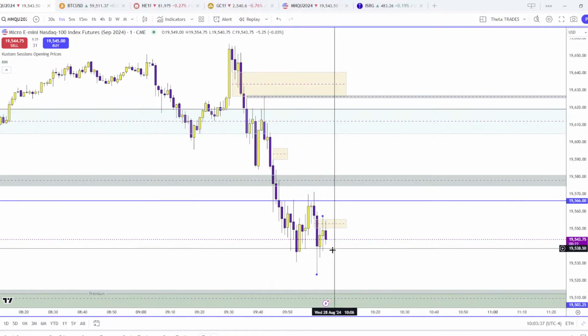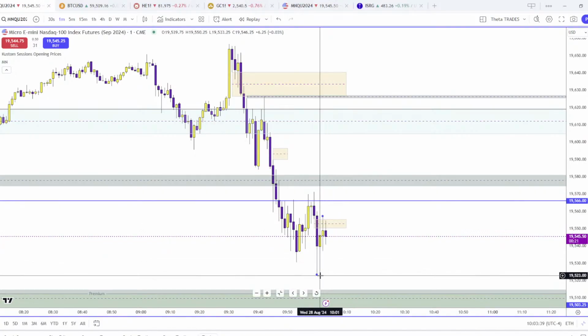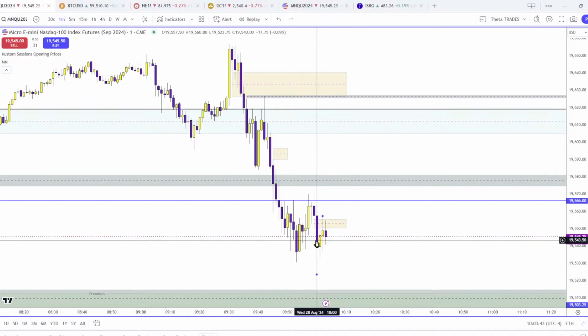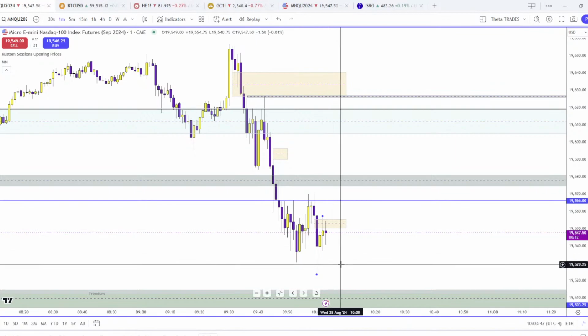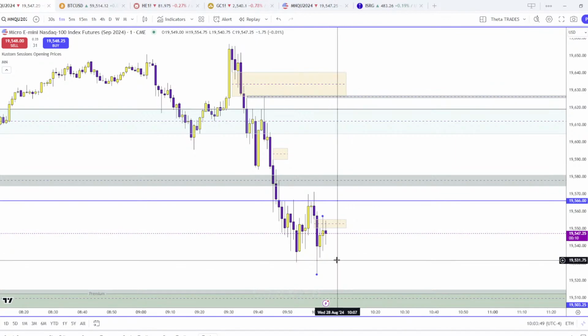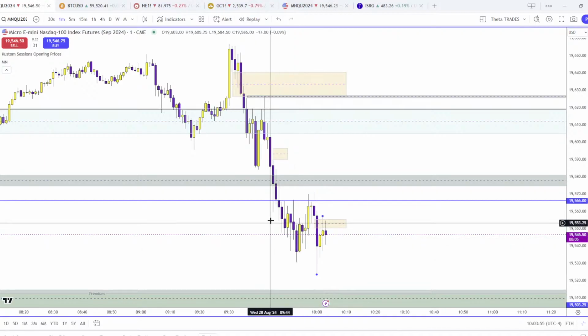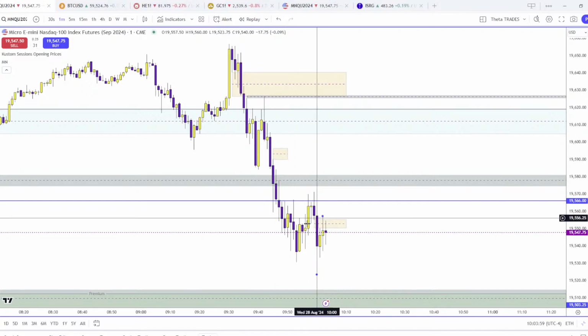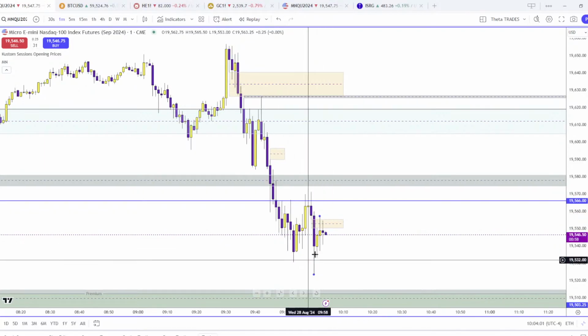Not looking to get through here yet. So far you're looking for continued support to go lower.